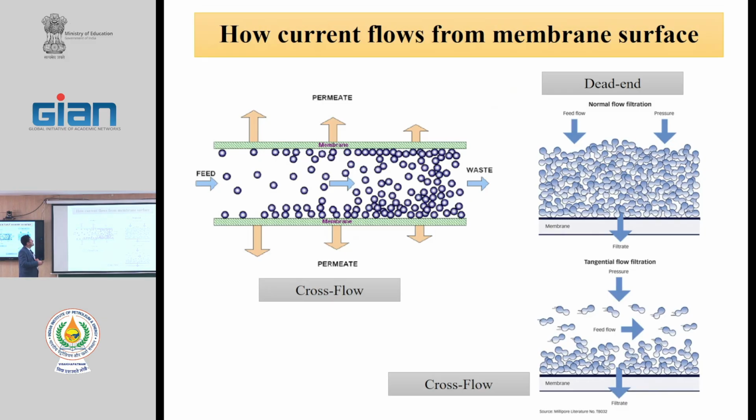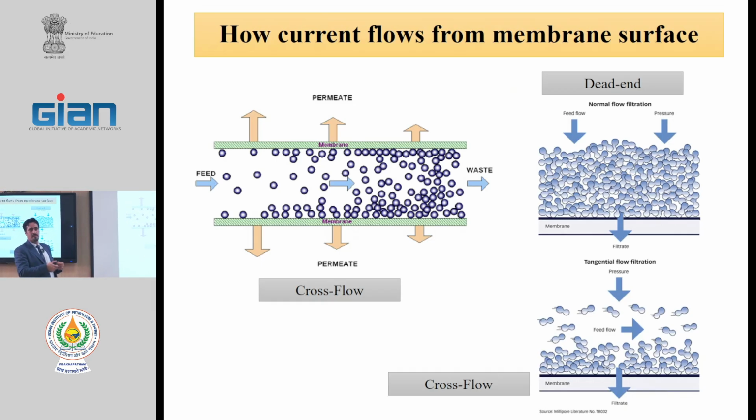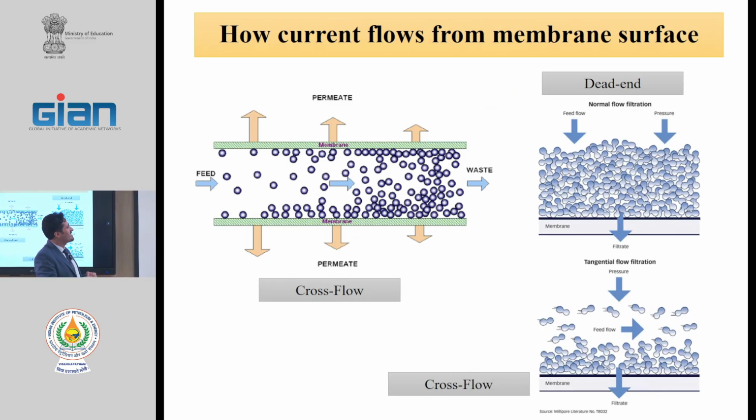In industry, in most cases, we use cross flow for reducing fouling, but in some gas separation, we have dead end, or in a syringe filter that is used in medicine for separating some things from the blood. We use a microfiltration membrane as a dead-end method.